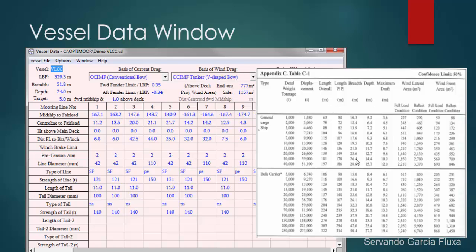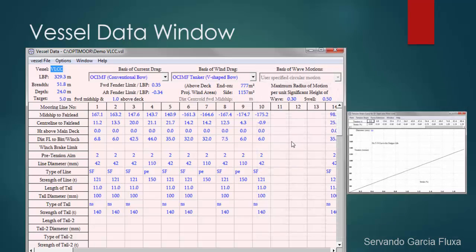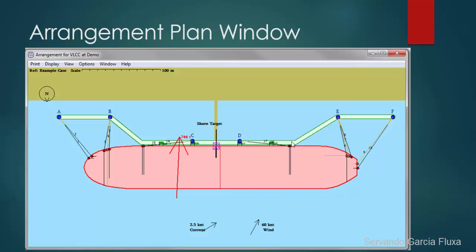So if you're doing pre-calculations and you don't really have the parameters of the vessel that you're analyzing, you can use this table.